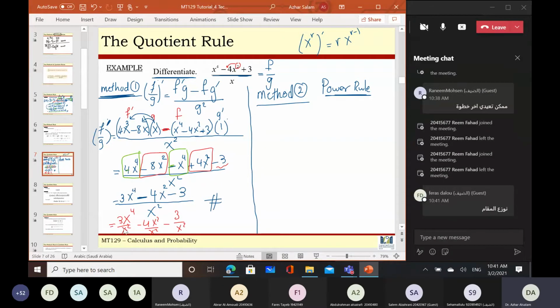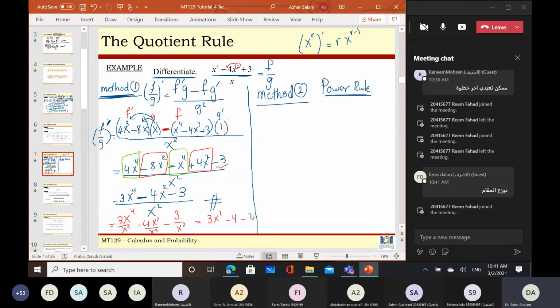Actually this method will be the same method that we will use in method 2. لكن هنا استخدمتها للتبسيط، وهنا لا للحل. ابسطها بهذا الشكل عشان احلها. هنا ممكن للتبسيط بس. طبعا هنا ممكن يكون الحل النهائي 3x square minus 4 minus 3 divided by x square. اوكي، ممكن اوقف لحد هنا.